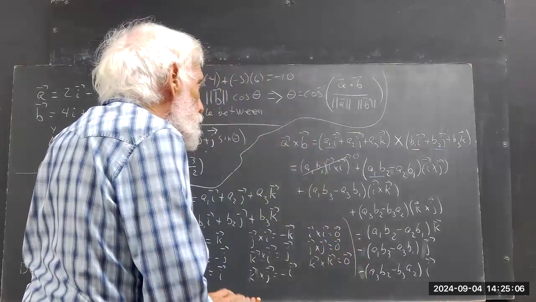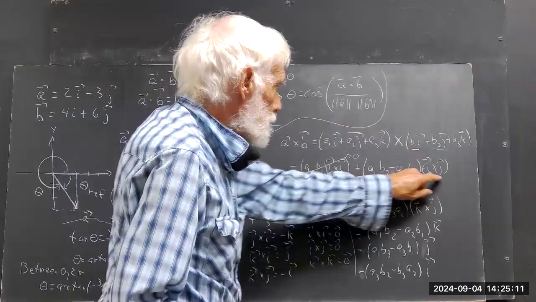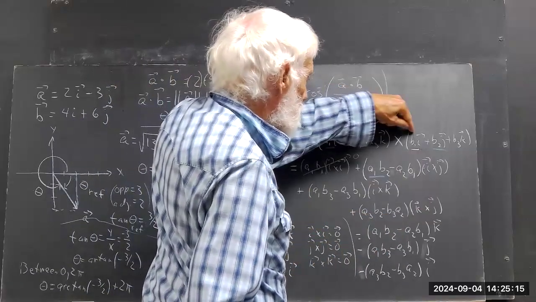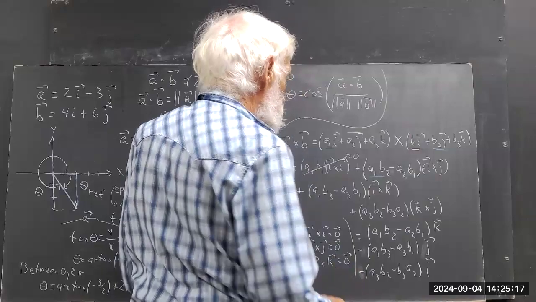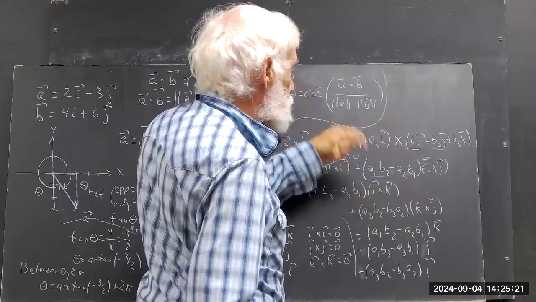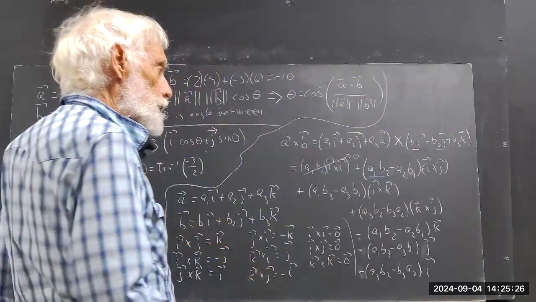Okay, now the A1 i times B2 j is represented here as part of this problem. Okay, the A2 j times B1 i. Well, it's going to be A2 B1 times j cross i. Of course, j cross i is the opposite of i cross j.